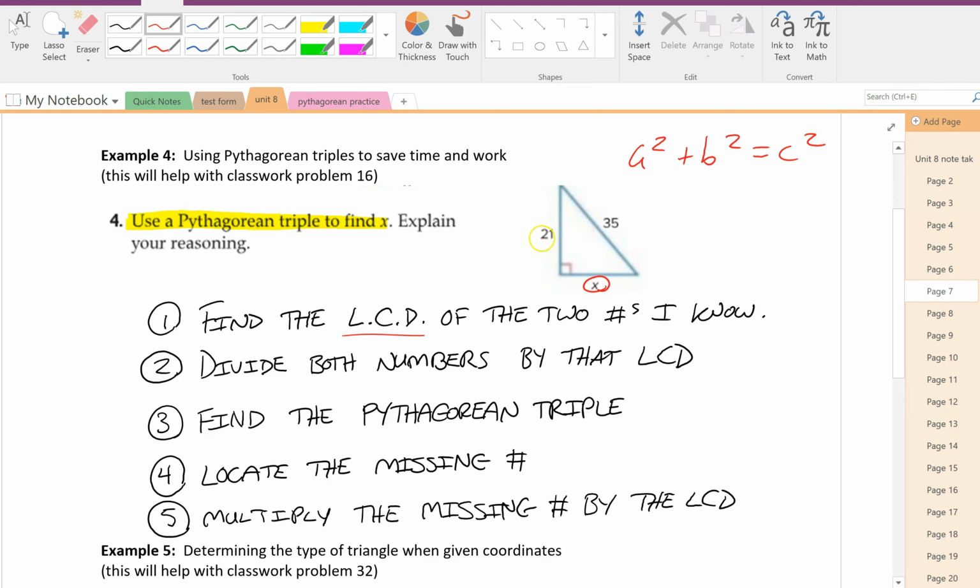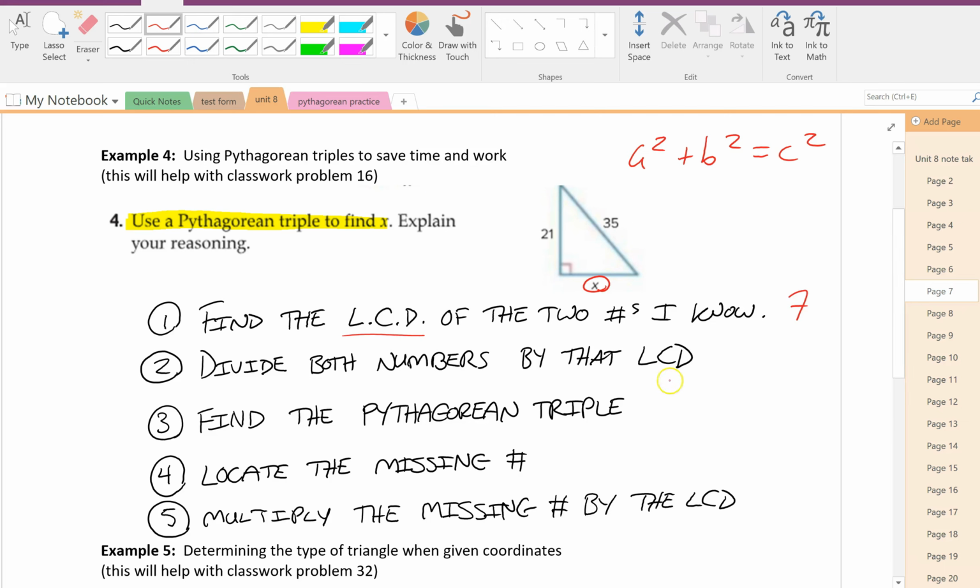Goes into 35 but not 21, so no. Does 6? No. Does 7? As someone who follows football, 21 and 35 stand out to me because those are like football scores. So I know that 7 is the lowest common denominator of those 2, so I'm going to write that down. The lowest common denominator of 21 and 35 is 7.